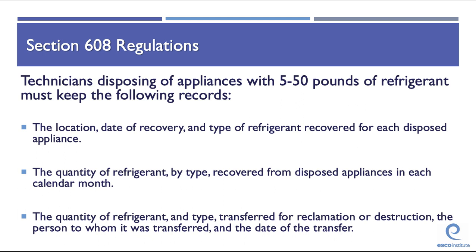In other words, you have to keep a refrigerant log. You have to account for the refrigerant you recovered, where it was from, and then when you turn the cylinder into the supply house or a refrigerant recovery service, you have to have records of how much, when, and who it was transferred to.